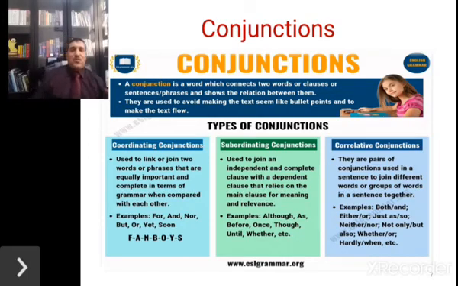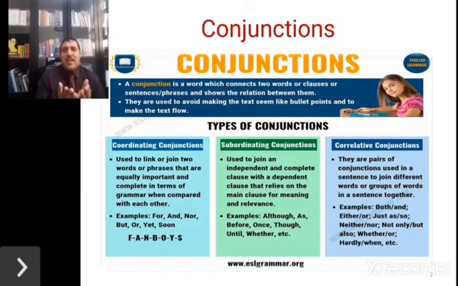Okay, also we have in the subordinating and correlative conjunctions some pairs of conjunctions like neither nor. We want to express what we want to say about things.